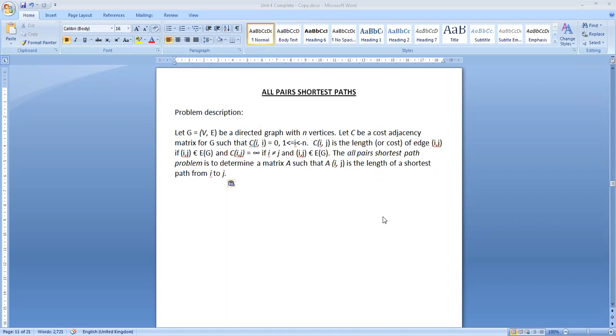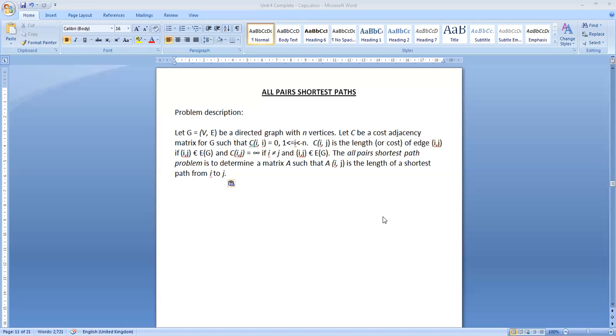Here we are trying to find the shortest path from every vertex to every other vertex in the graph. It is not simply finding the shortest path from one vertex to the remaining vertices. Rather, it is the problem of finding the shortest path from every vertex of the graph to every other vertex. That is what this problem is.